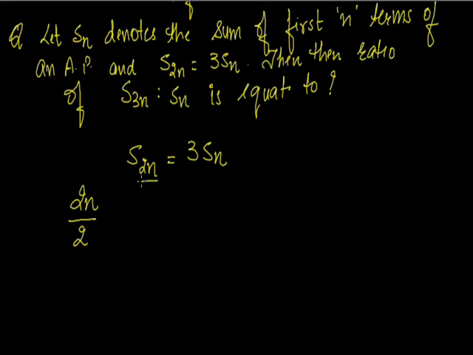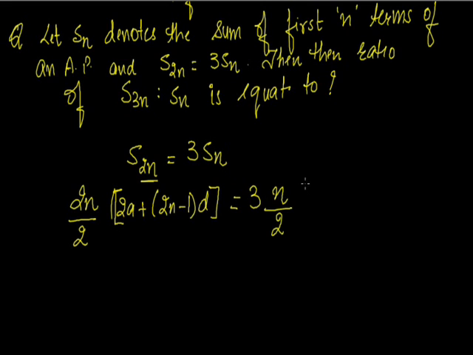In place of n there is 2n, so we put 2n by 2, 2a plus 2n minus 1 into d. So this is LHS, and in RHS it is given 3, which is written as it is, and Sn is n by 2, 2a plus n minus 1 into d.